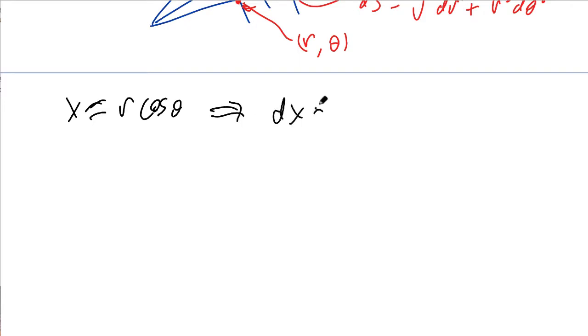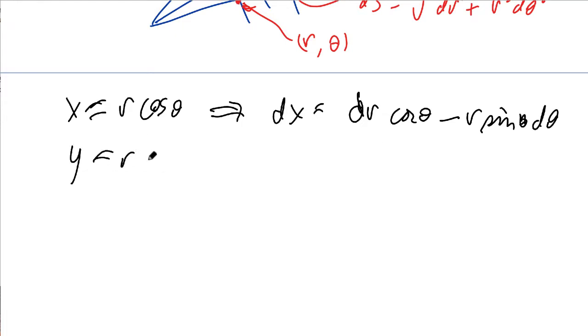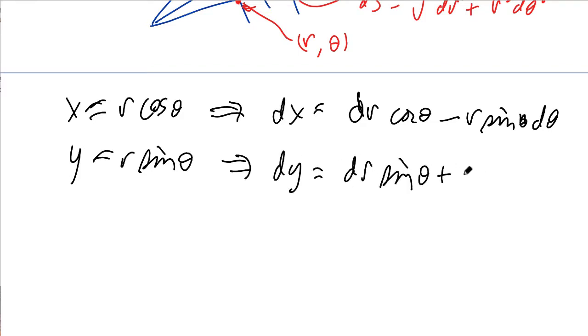So dx is dr cosine theta minus r sine theta d theta. And from y equals r sine theta, we have dy equals dr sine theta plus r cosine theta d theta.